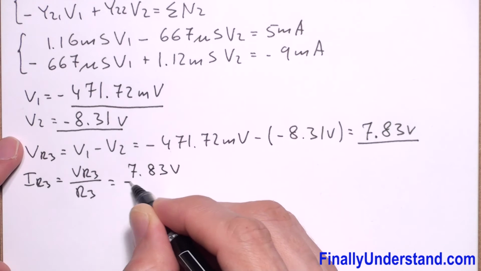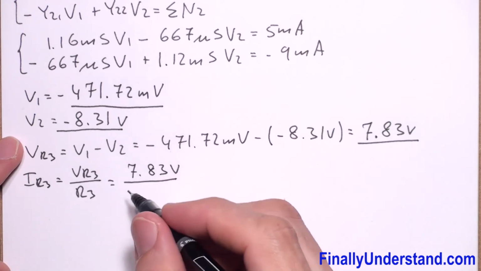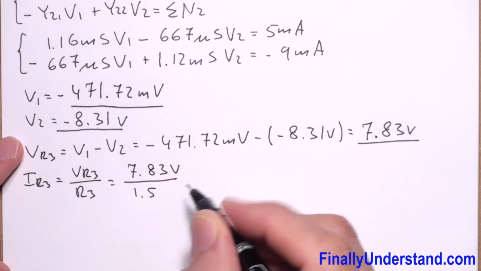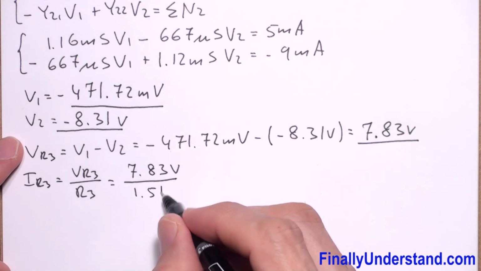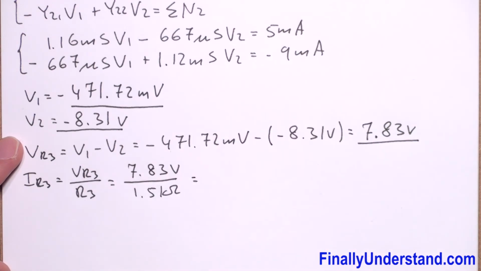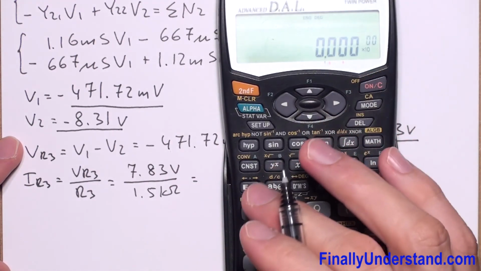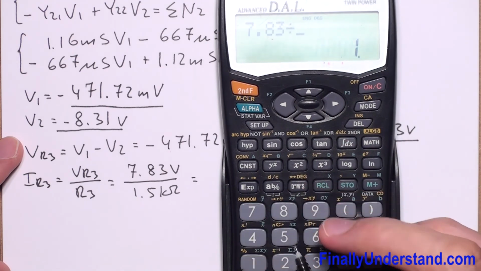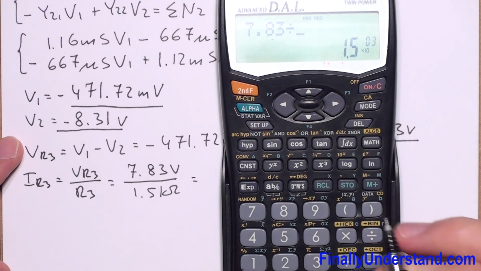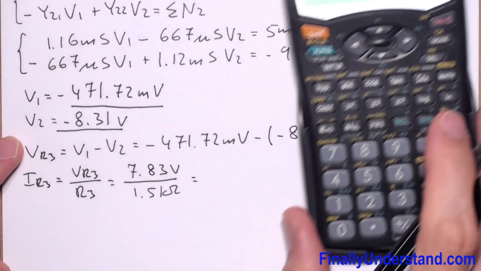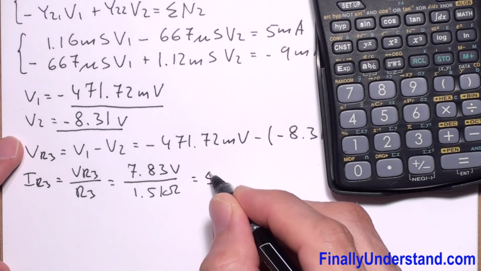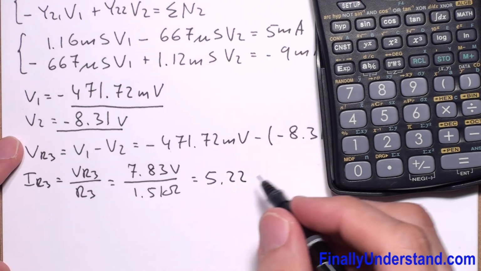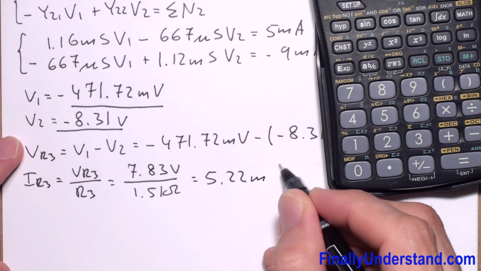where VR3 is equal 7.83 volts divided by R3, which is equal 1.5 kiloohms. So this is equal 7.83 divided by 1.5 exponent 3. This is equal 5.22 milliamps.